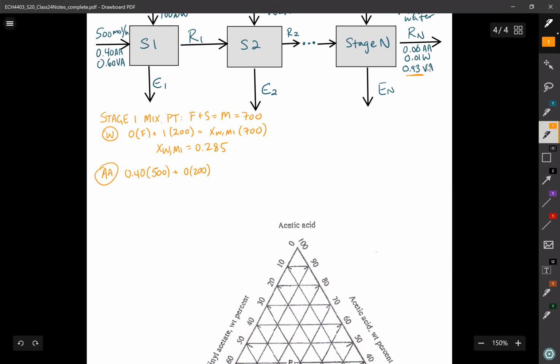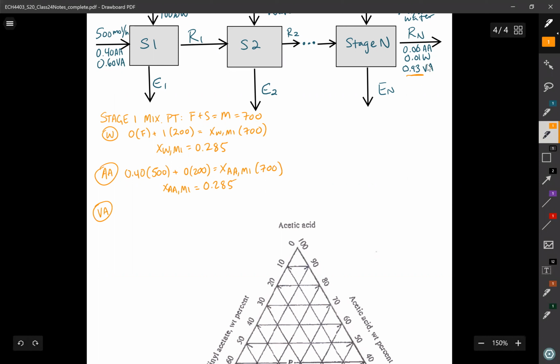So there is no acetic acid in the solvent, maybe obviously. Is equal to X of acetic acid mixing point 1 times 700. So 0.4 times 500 is 200. I've got 200 divided by 700 again for my composition of acetic acid at the mix point. And that is also equal to 0.285.